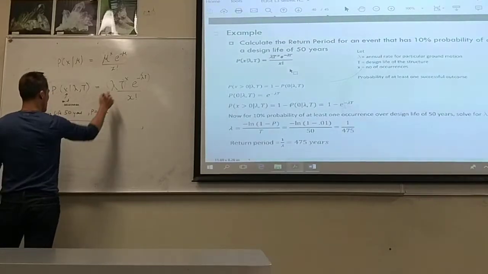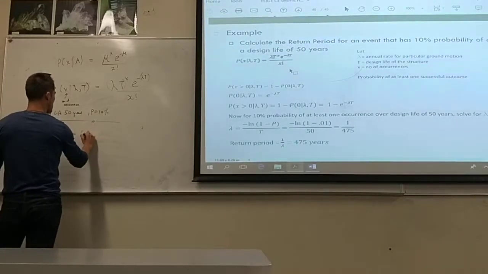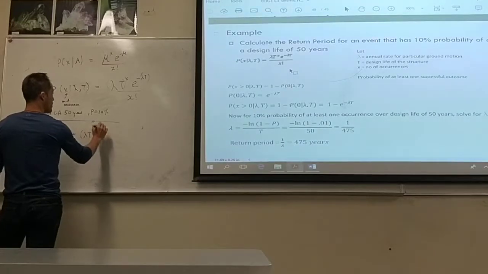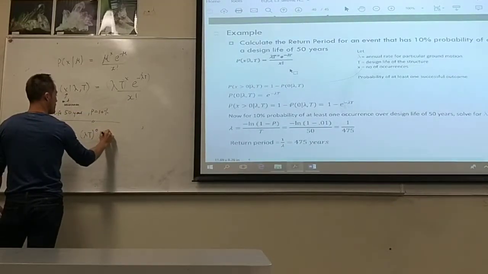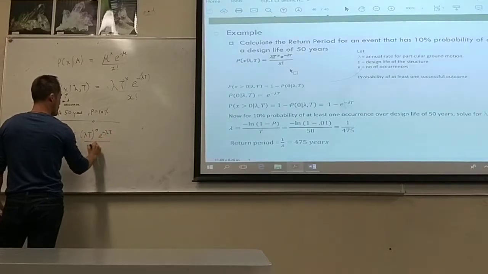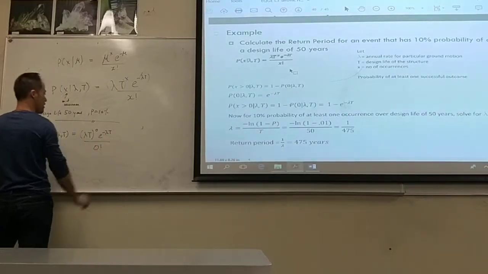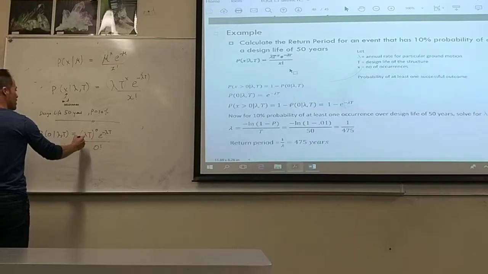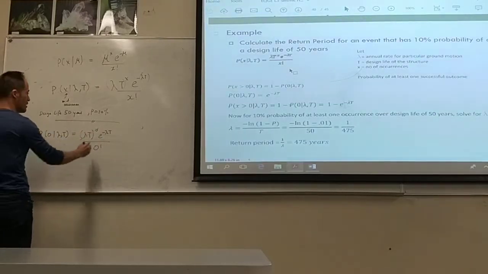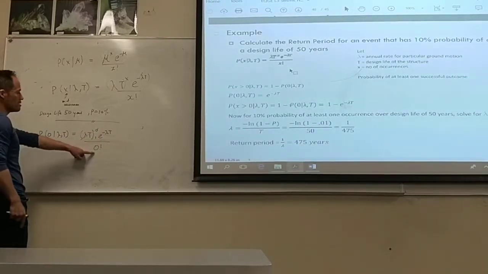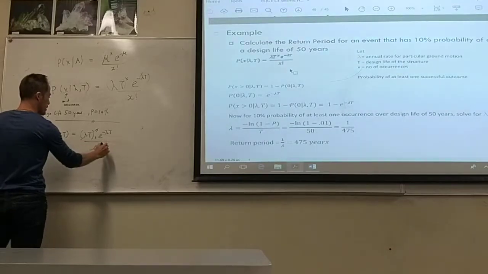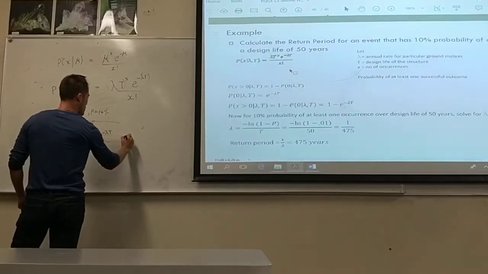If I put it into here, no events occurring is 0 to the power of 0 equal to 0 there. So anything to the power of 0 becomes 1, right? And 0 factorial is 1. So that equals this.